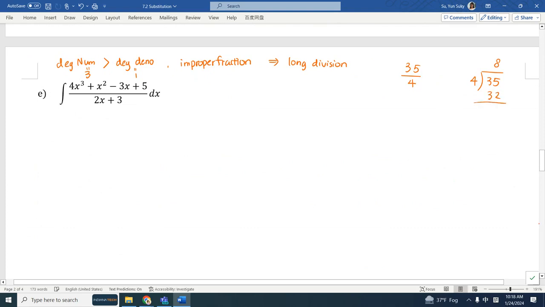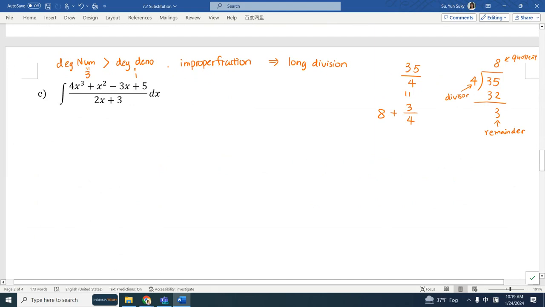Then you use the first line, subtract the second line. What's left? 3. So 8 is the quotient, the 4 is the divisor, and the 3 is the remainder. So this improper fraction is the quotient plus the remainder over the divisor. This is how we divide numbers.